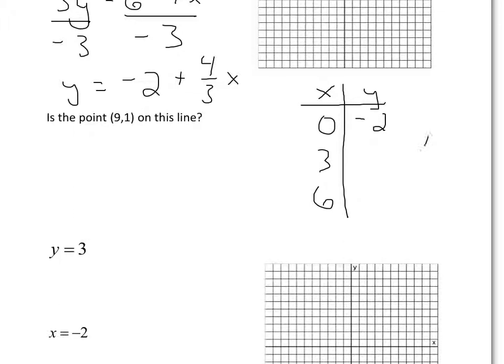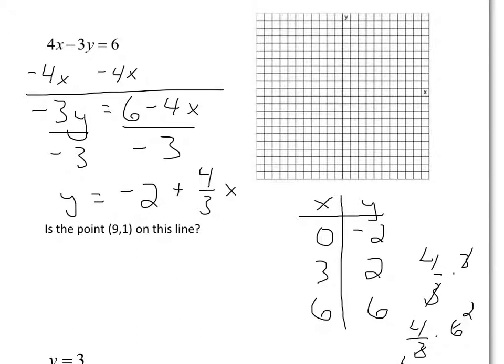Okay, 4/3 times 3. 3's cancel out, that's just 4. And then 4 plus negative 2 is 2. And 4/3 times 6. The 3's cancel, so I've got 4 times 2, which is 8, plus negative 2 is 6.